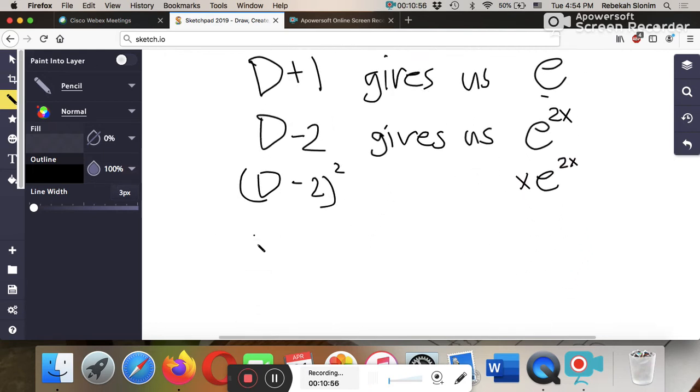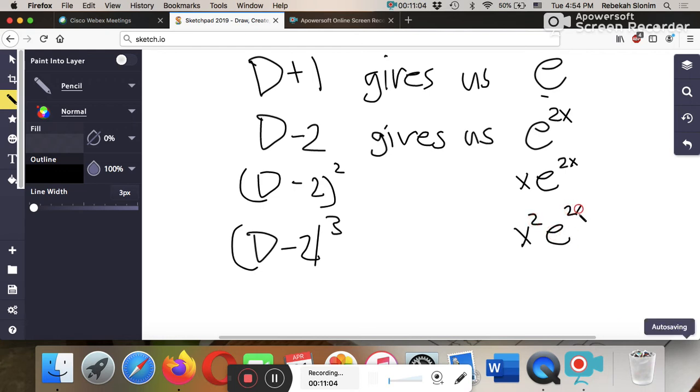And because we have d minus 2 cubed, that's even going to annihilate x squared e to the 2x. And actually, we have one more power, d minus 2 to the 4th, and so that's going to annihilate as far as x cubed e to the 2x.